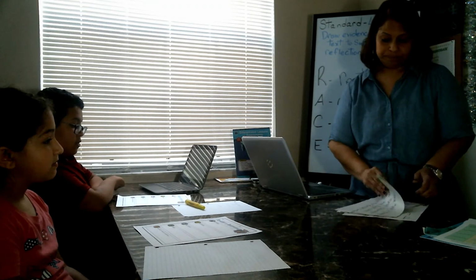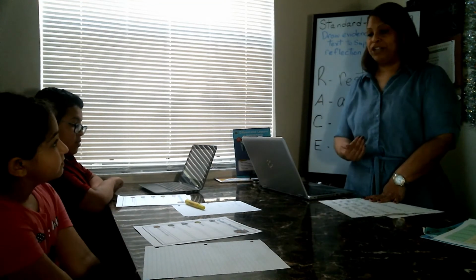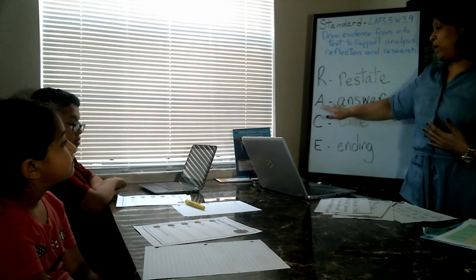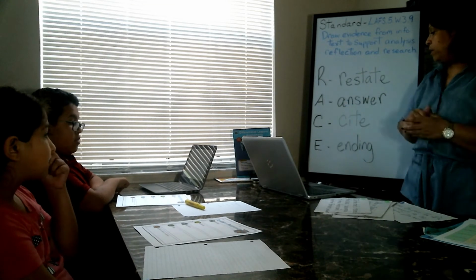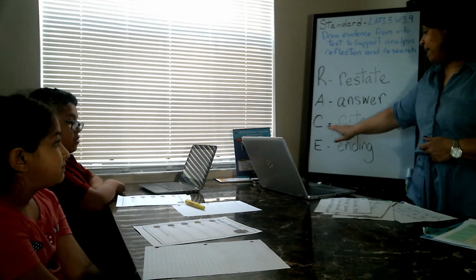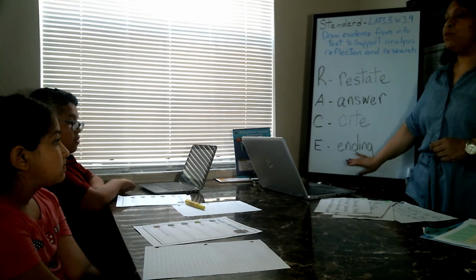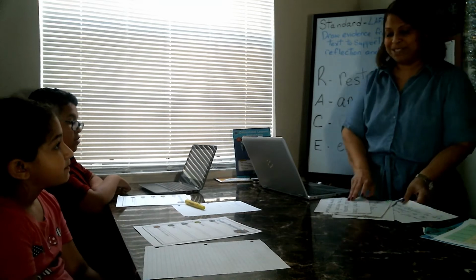We are going to take these sentence strips using our race strategies and figure out where in these sentence strips, where does it restate the question? What sentence answers that question? What two sentences you find that are citing evidence, and then which one would wrap up the whole response.